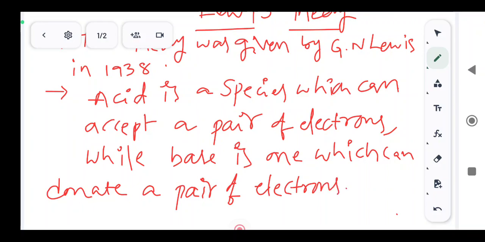Which donates an electron pair, that is base. Which accepts an electron pair, that is acid, according to Lewis. Here there is no need for H plus ion or OH minus ion accepting and releasing. In this theory it is only electrons.